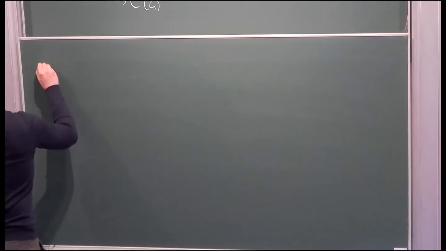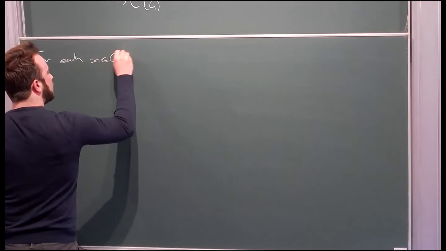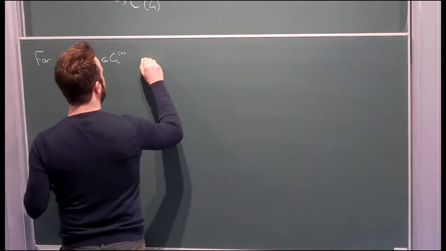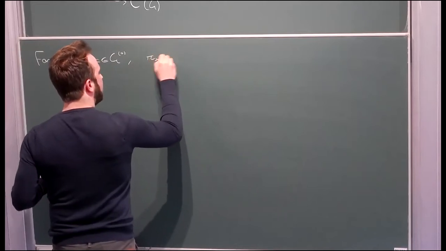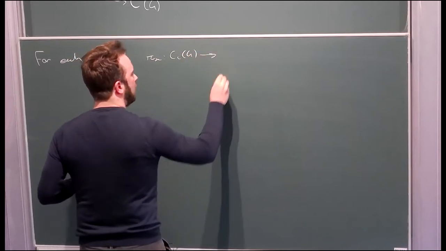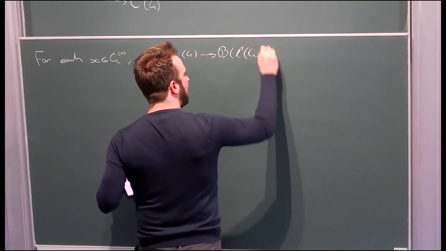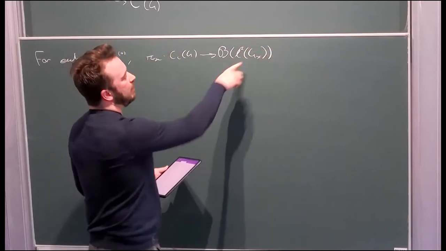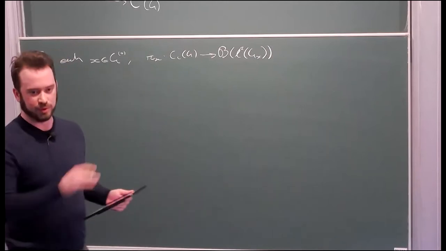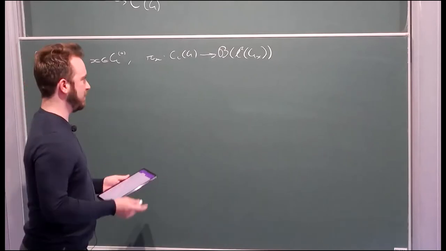So for each unit X in the unit space, we define pi X from CcG to bounded operators on little L2 of the source fiber of X. We can take little L2 because, like I mentioned before, these source and range fibers are all discrete. So little L2 is really the only meaningful thing you can make out of this that looks like a Hilbert space.